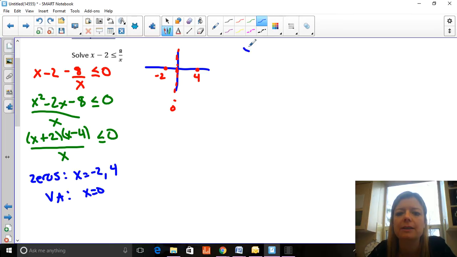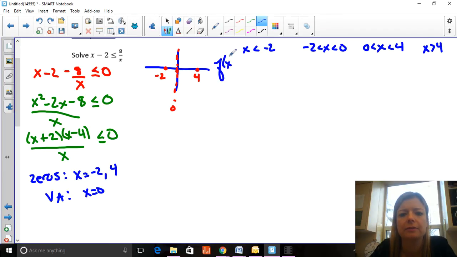So I have to look for x less than -2, between -2 and 0, between 0 and 4, and then greater than 4. Okay, and I'm looking at the function f of x. I'm just looking if it's positive or negative. So I'm just making this really informal chart here that will help make my decision.